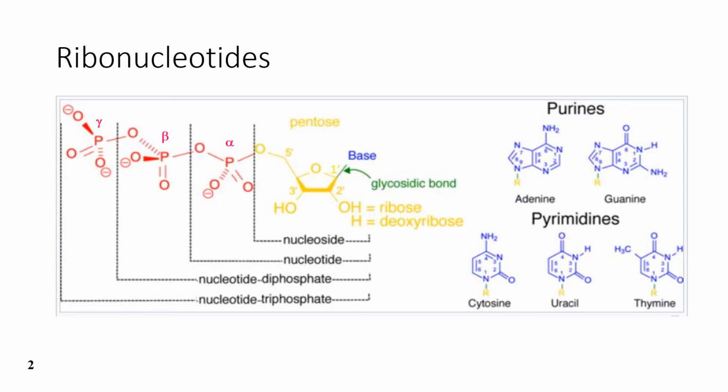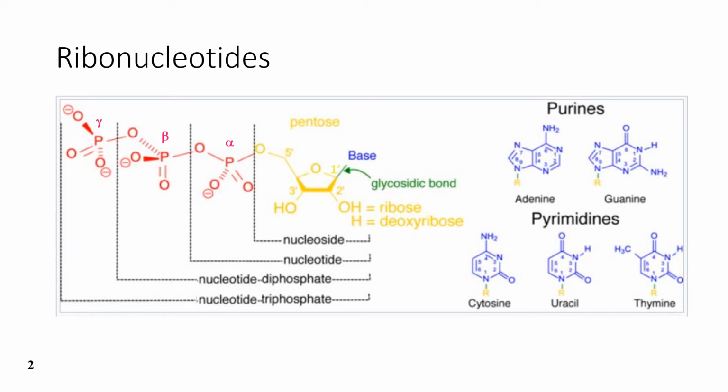base. One more thing, you'll note that a nucleoside is the pentose sugar with a nitrogen-containing base. A nucleotide is that pentose sugar plus a base plus a variable number of phosphates. If there's 1 phosphate, it's a monophosphate. 2 phosphates, it is a diphosphate. 3, it's a triphosphate.